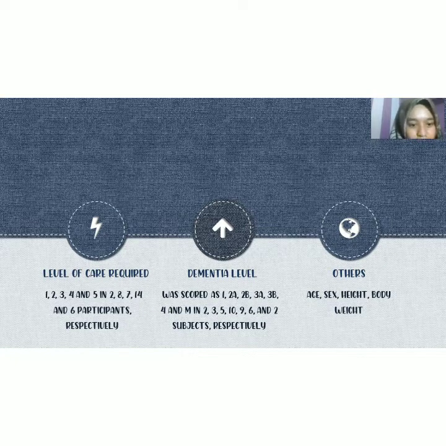In terms of the physical activity level, daily living, and the dementia level, none of the participants were able to live at home. None of the participants were smokers or drinkers. Data on the participants are age, sex, height, and body weight.